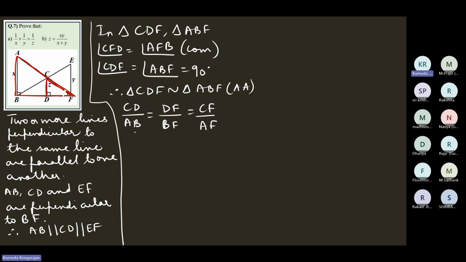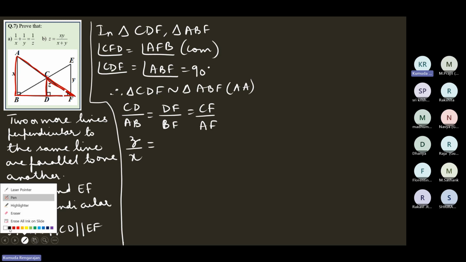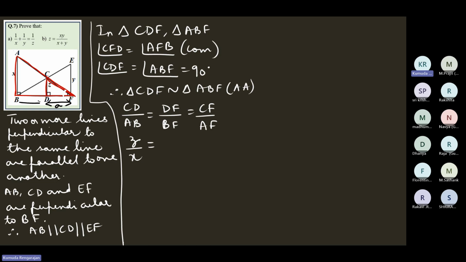Now, CD is Z and AB is X. Since we don't have any variable for DF, we'll just call it A. BF is not marked either, so we'll give a variable for BD also. We'll call BD as B.